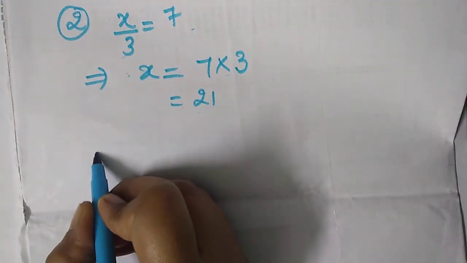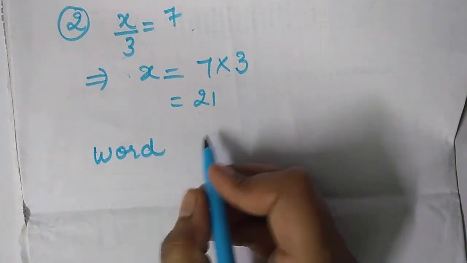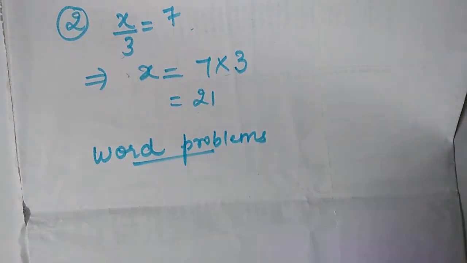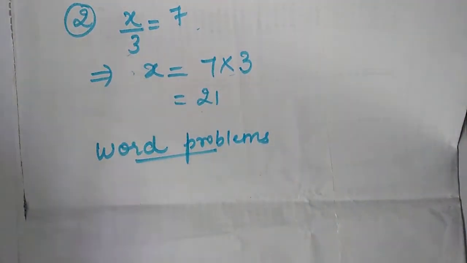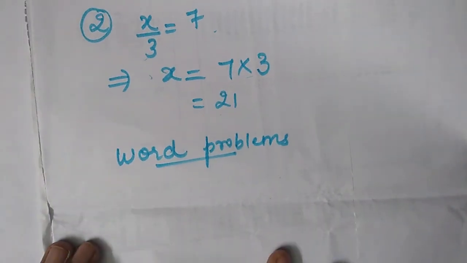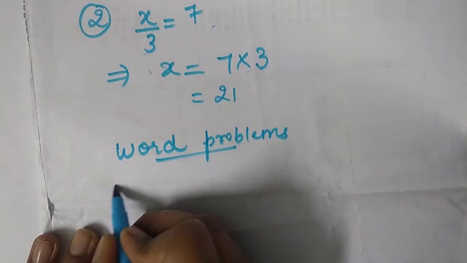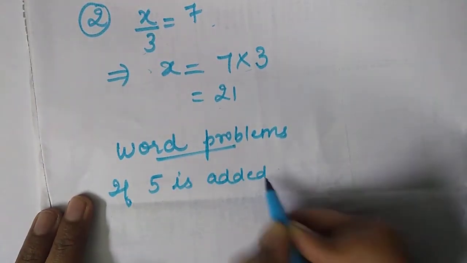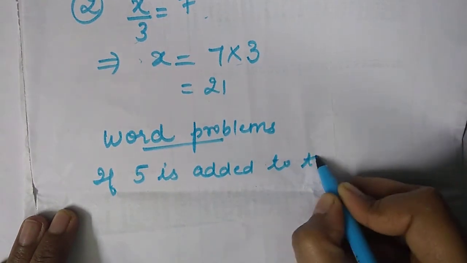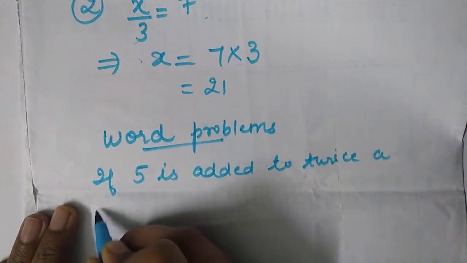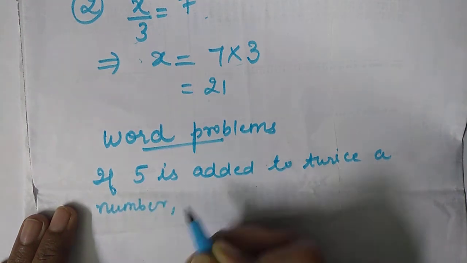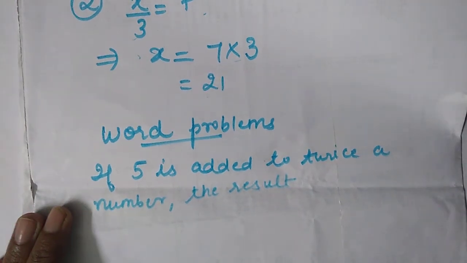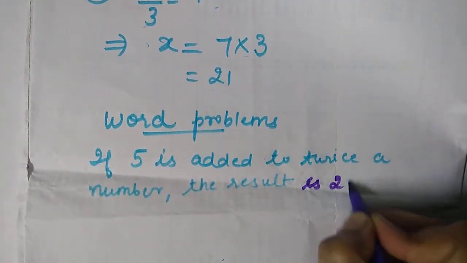An example of this type of problem: if 5 is added to twice a number, the result is 29.